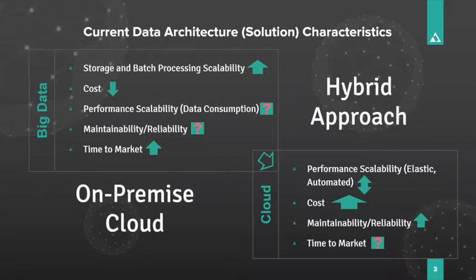So what are people doing to address performance scalability issues or challenges and the reliability issues? People or companies are now looking at the emergence of a new technology architecture, new data technology architecture, which is the cloud.